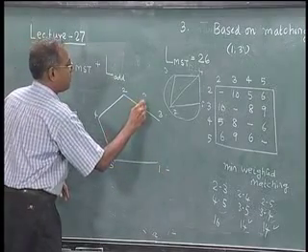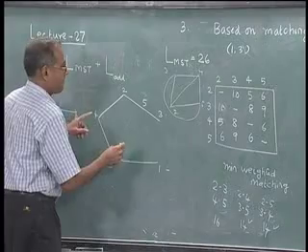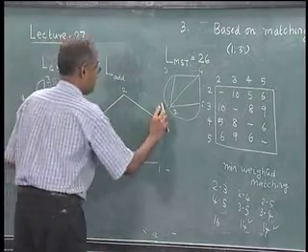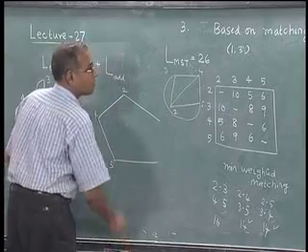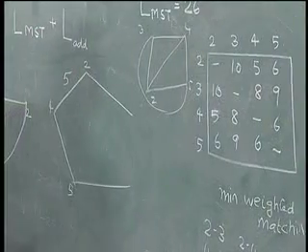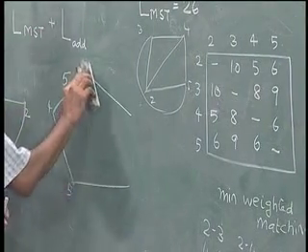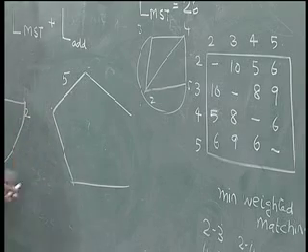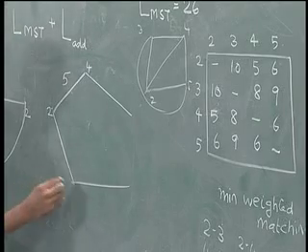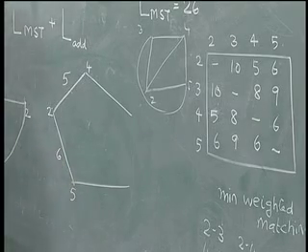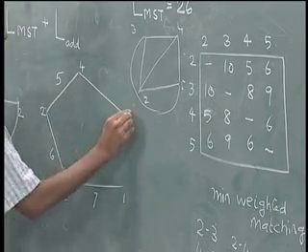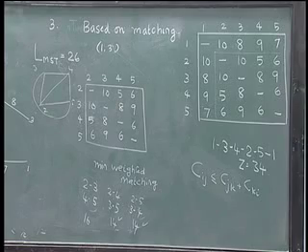So, the spanning tree had 2 to 4 is 5, then 2 to 5 is 6, 5 to 1 is 7, 3 to 4 is 8, when the spanning tree looks like this.